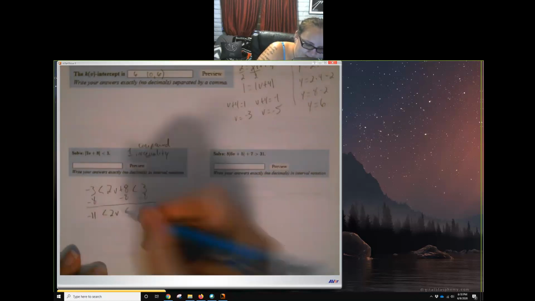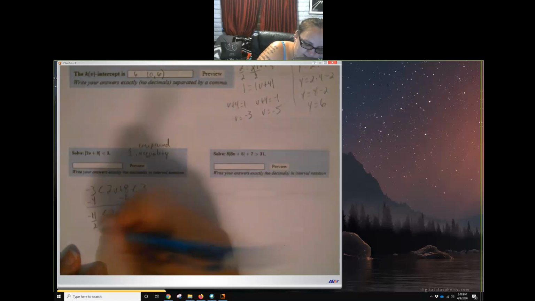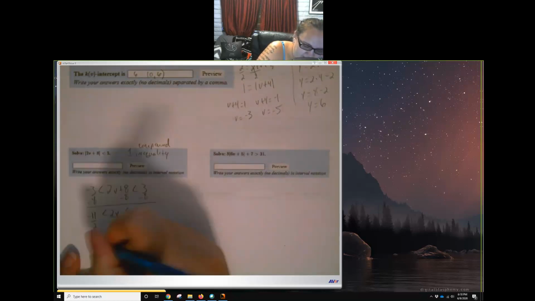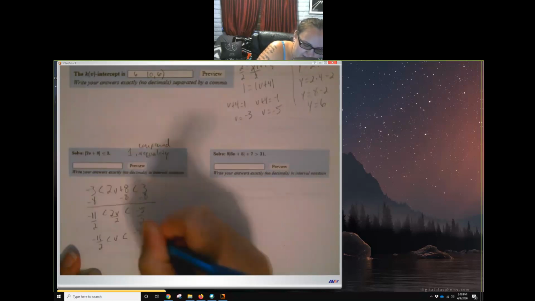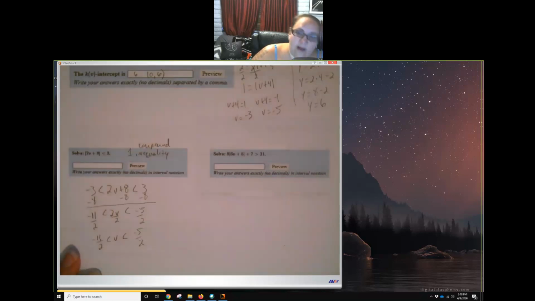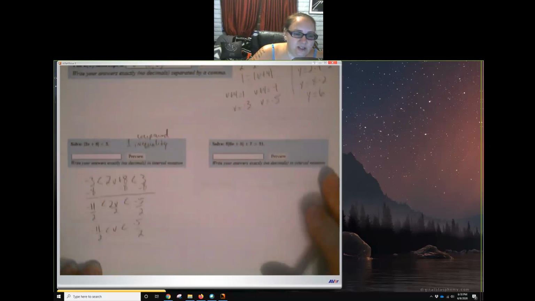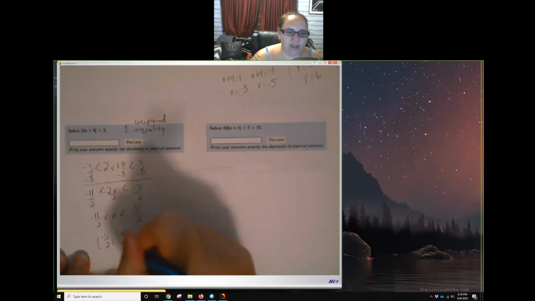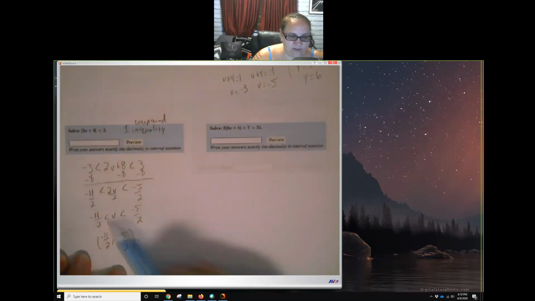And then I'm going to divide by 2, so I'm going to divide all 3 sides by 2. And so then negative 11 halves is less than v is less than negative 5 halves. They want the answer in interval notation. So as an interval, this would be negative 11 halves to negative 5 halves, where both get parentheses because neither one of these had an or equal to.